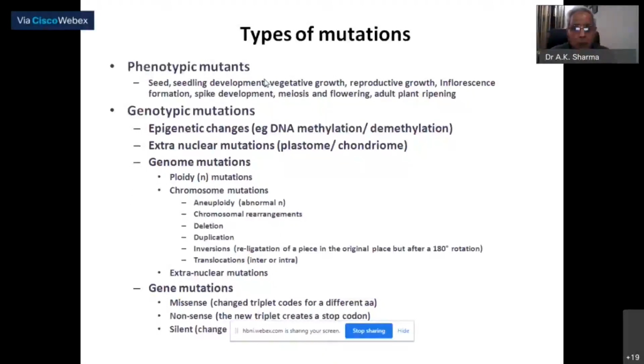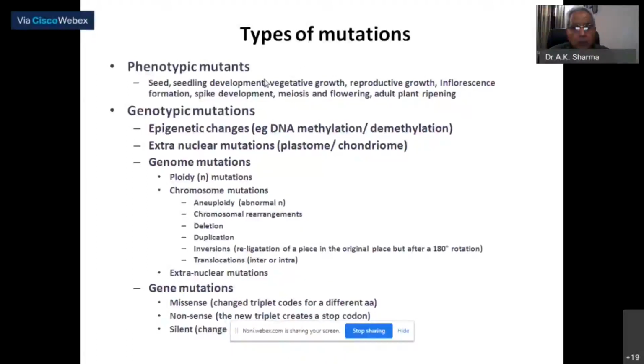So in the chloroplast, which is responsible for green color and fixation of carbon dioxide, there is also DNA. This is extra chromosomal material, so these are also called extranuclear mutations. There could be epigenetic changes which relate to just methylation or demethylation of DNA, and there could be extrachromosomal or extranuclear mutations.